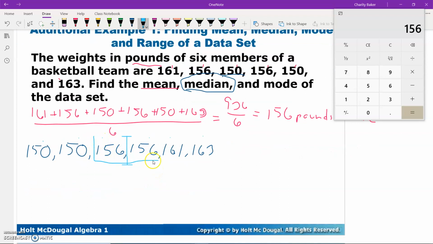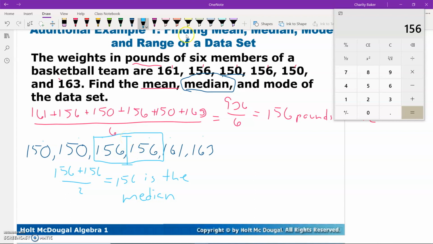So our median is going to be the average of these two. 156 plus 156 divided by 2 is pretty obviously going to be 156, because they're the same number. So 156 is the median. That's how you find median. You just find the center of the set.